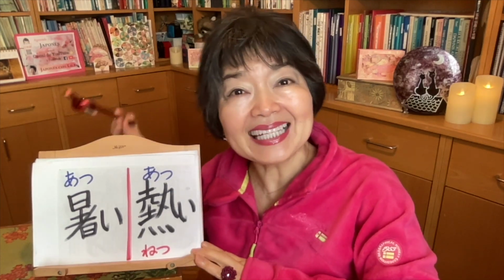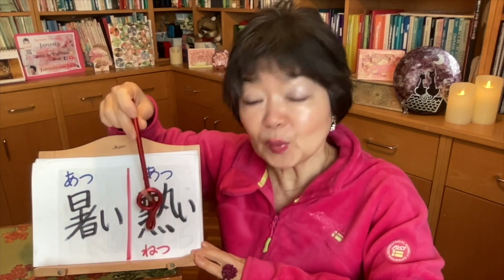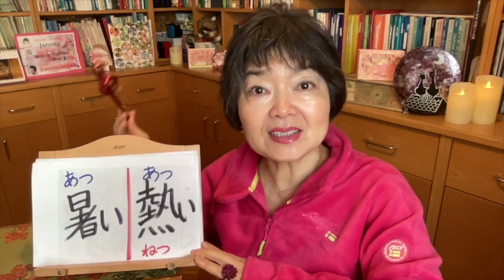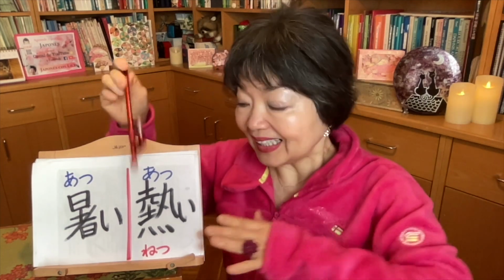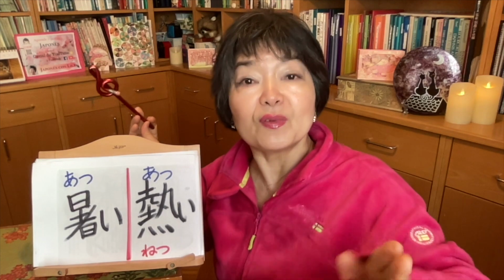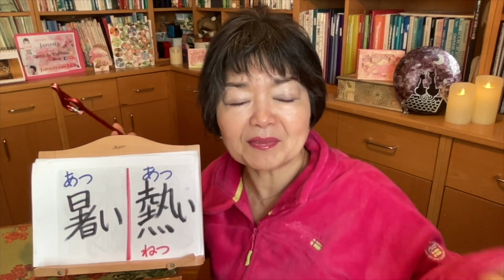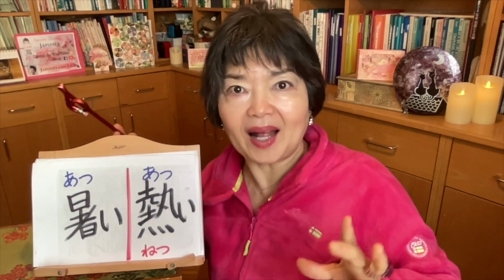On the other hand, this 暑い, this kanji, you can also read like 熱. 熱 is fever. So when you touch, it's hot. In this case, 暑い. So when you touch something, it's hot. For example, it can be coffee, very, very hot. Oh, hot, too hot. In this case, 暑い. And this one is the day, the weather.